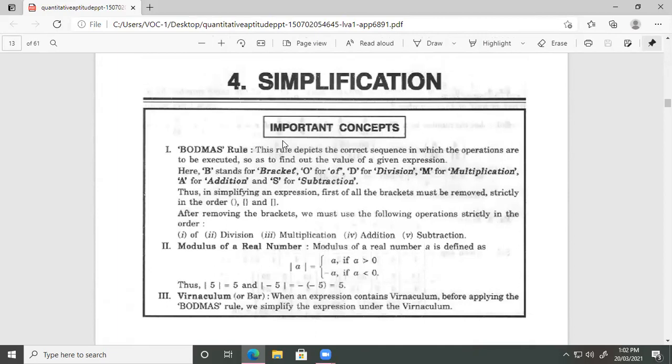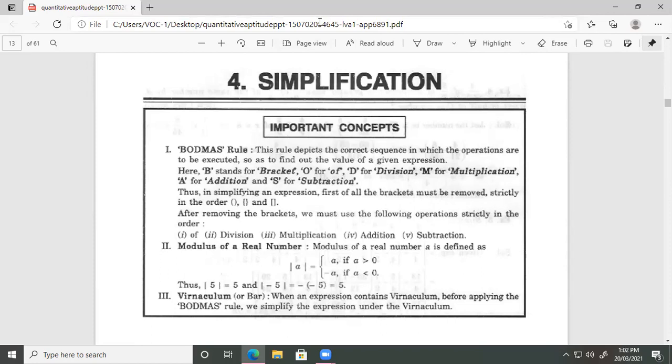What is BODMAS rule? This rule depicts the correct sequence in which the operations are to be executed so as to find out the value of a given expression. So here B stands for bracket, O stands for of, D stands for division, M for multiplication, A for addition, and S for subtraction.